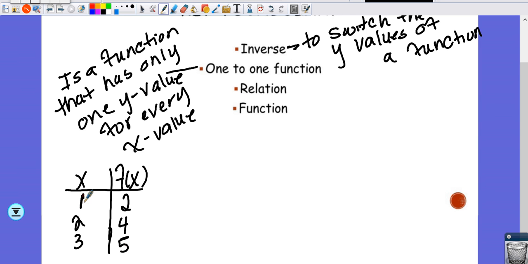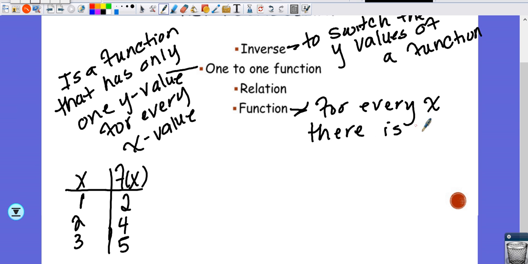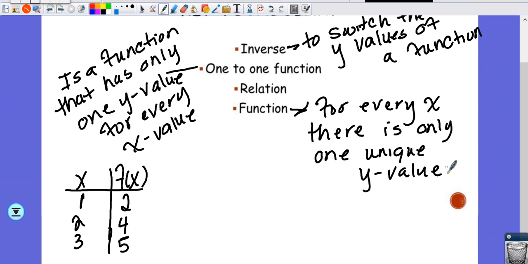And the definition of a function is, and I'll go ahead and write that, for every x, there is only one unique y value. Okay, so every input has only one output. So here, the number 1 only goes to number 2. The number 2 only goes to number 4. The number 3 only goes to number 5.